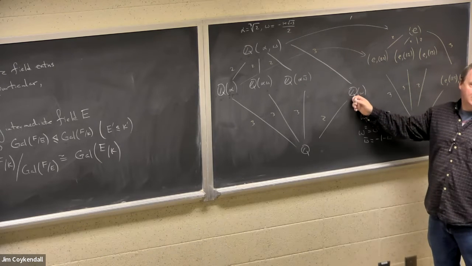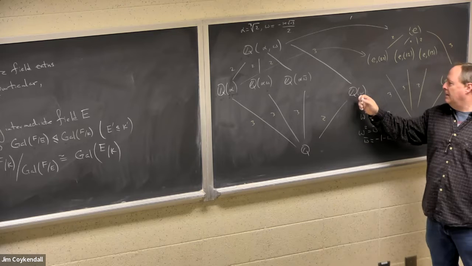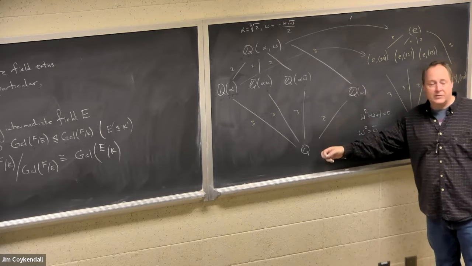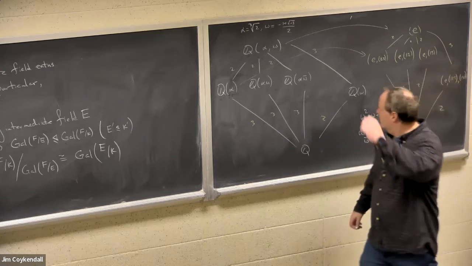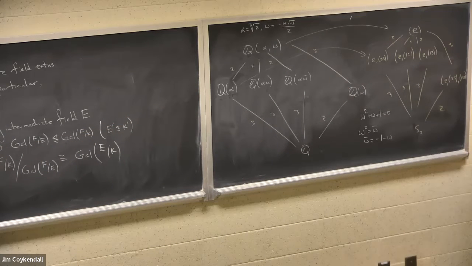The fixed field of the identity and of both of these is in fact Q, so it is Galois here. So this little example that we did performed just like predicted in the theorem. Any questions? Does that help give you all the picture, I hope? Any questions about the correspondence?